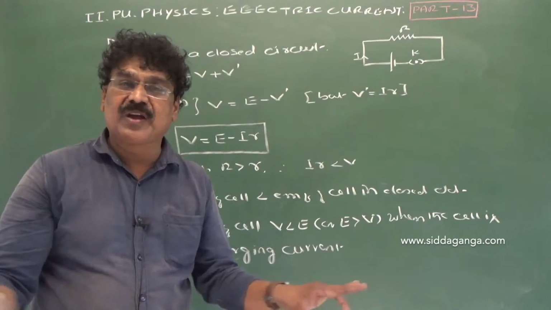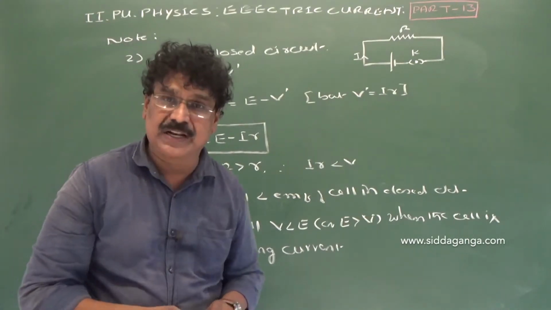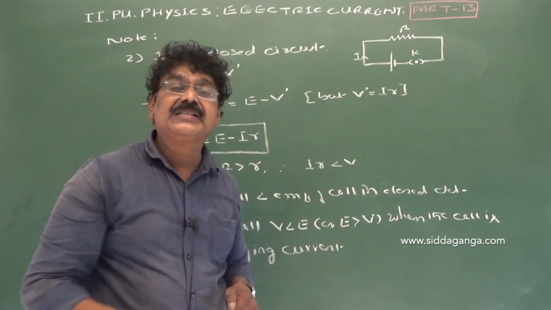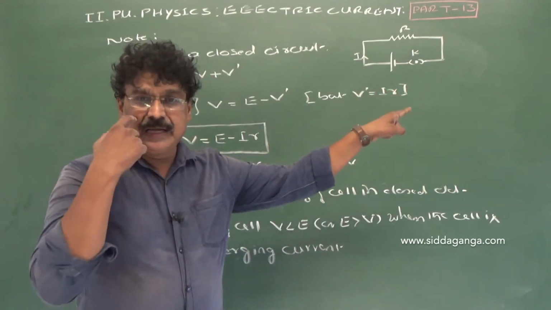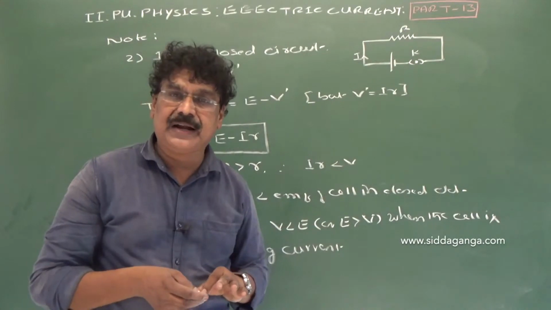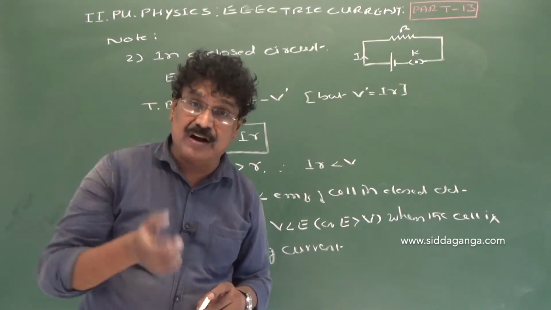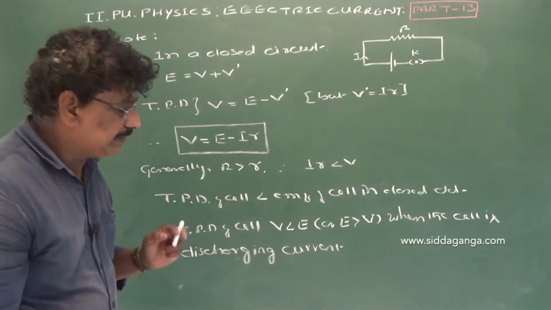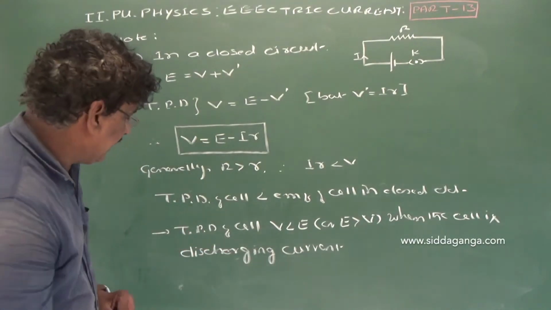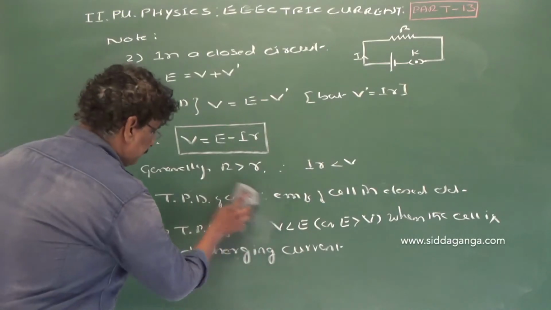No current is flowing through it. You are making it an open circuit. And when it is charging, you put the charger into it, and another one is short circuit.